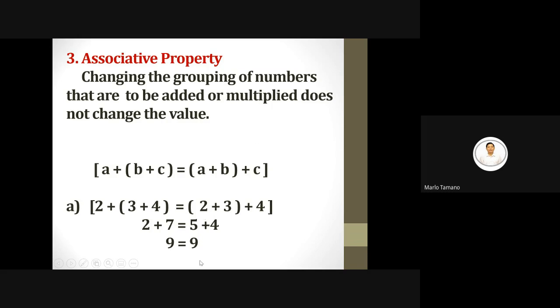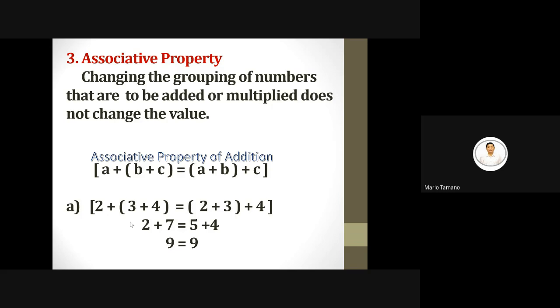You have to work inside of the parenthesis first, or do the operation inside the parenthesis before adding 4. Likewise, you have to do the operation inside of the parenthesis between 3 and 4. 3 plus 4 is 7, plus 2 outside of it. So that's why 7 plus 2 is 9. They are equal.